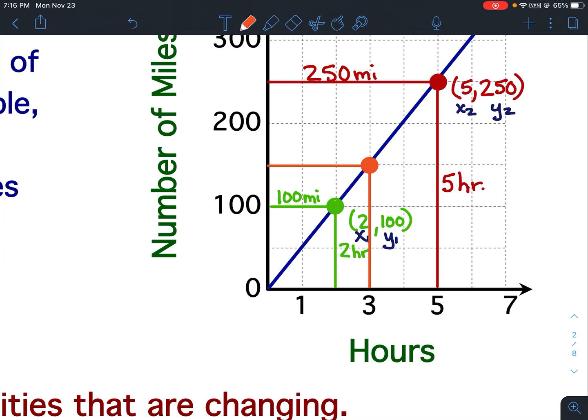That point right there would be 150 miles and 3 hours.